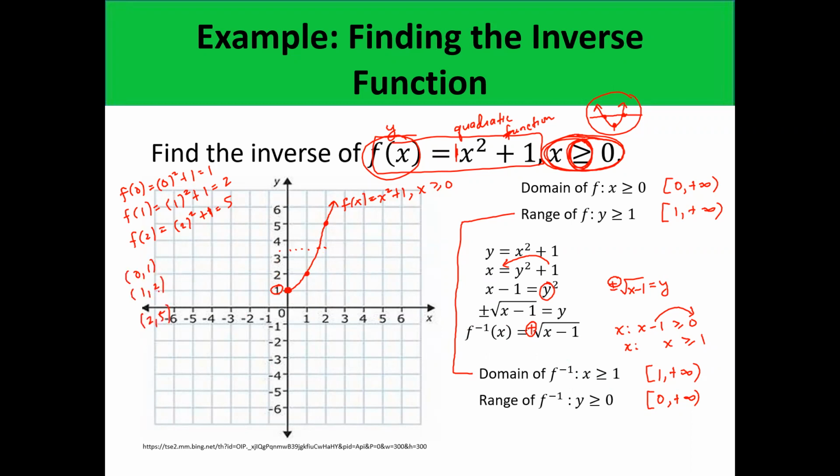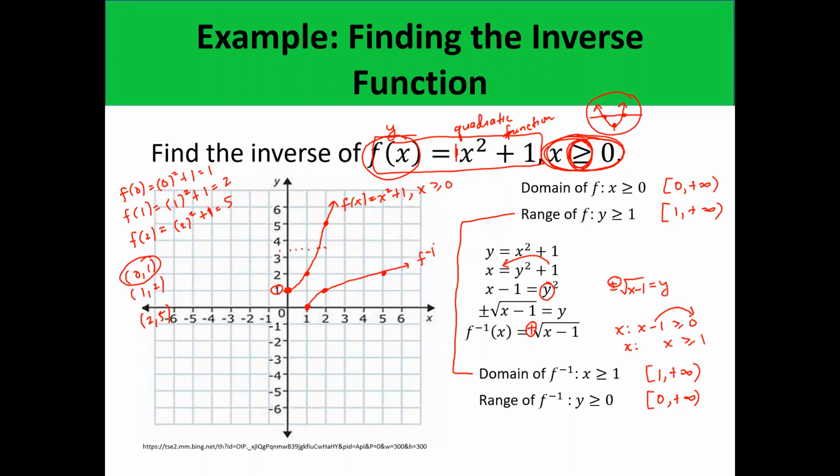If we interchange these ordered pairs, we will be getting 1 comma 0. 1 comma 0 is here. And then 2 comma 1. And then we have 5 comma 2. So this is the graph of our f inverse of x.